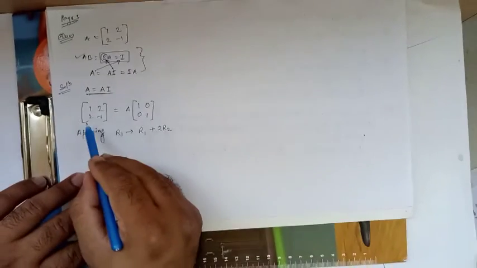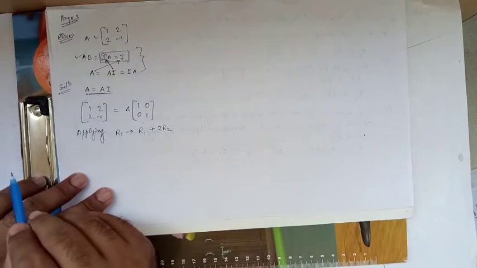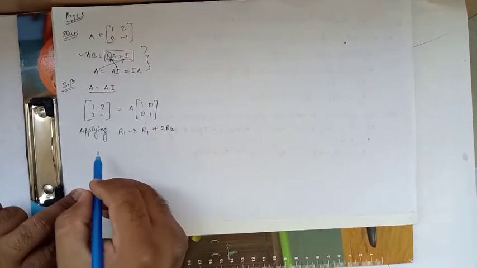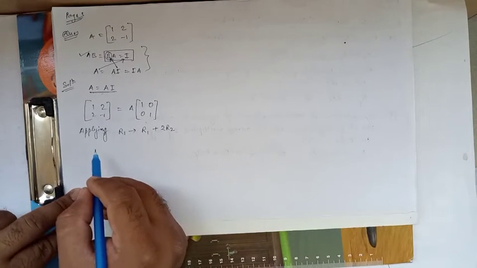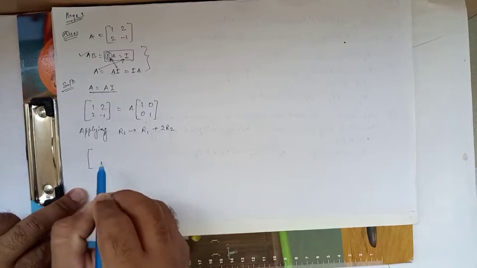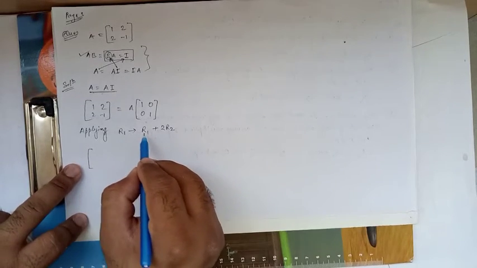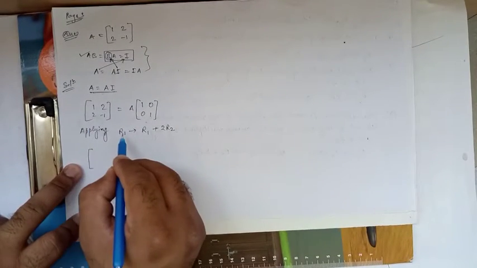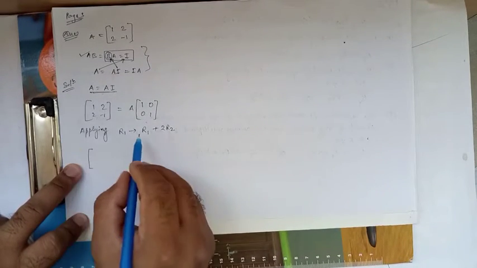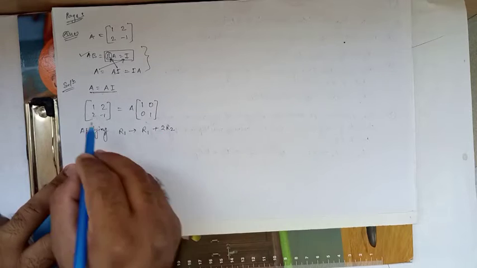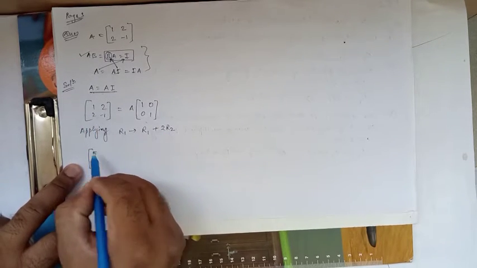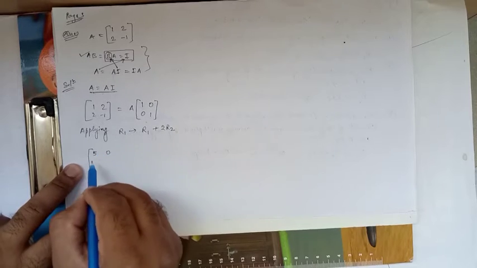Applying this one, what we will get is, here R1 plus 2R2. So we are changing R1, this is twice R2. So it will become 2 into 2 is 4, 4 plus 1 is 5, and it will become 0.